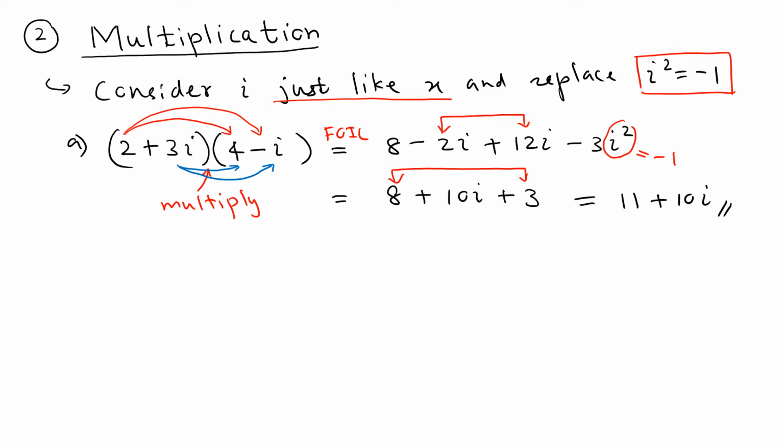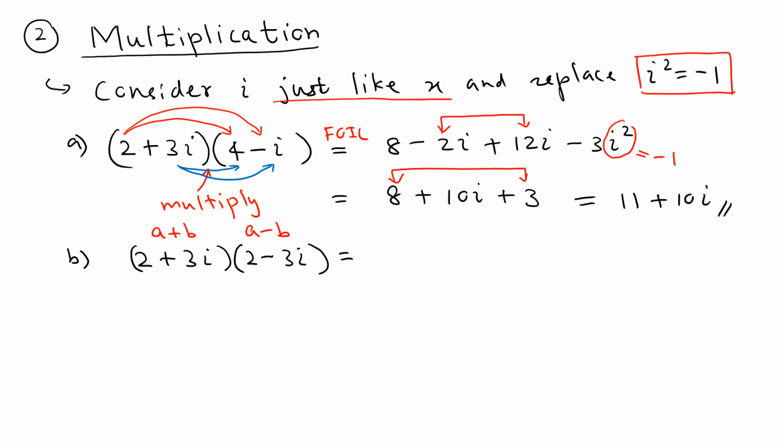So let's do another one. Let's do this interesting multiplication. Let's say we have 2 plus 3i times 2 minus 3i. So this is a special type of multiplication. The first one looks like a plus b, the second one looks like a minus b.